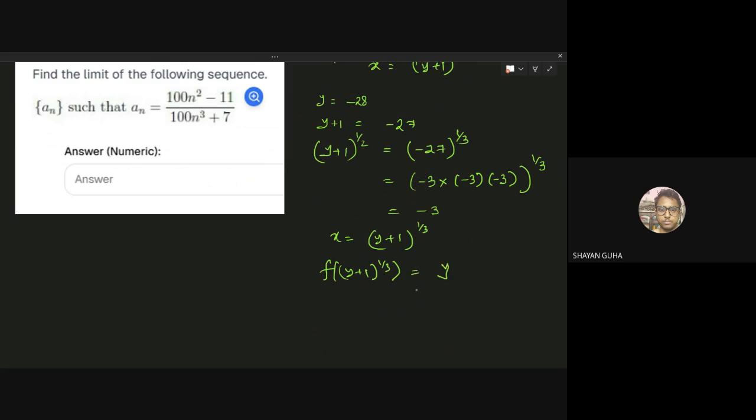No matter what value of y I take, y is defined for all real numbers. Got the point?